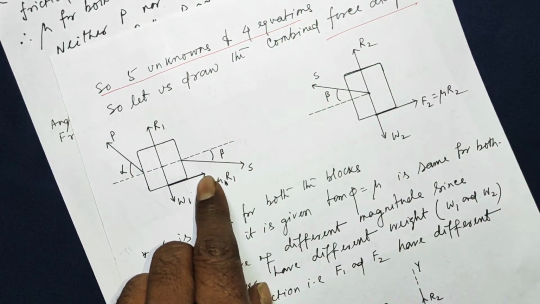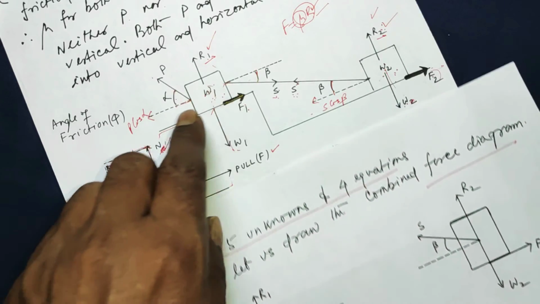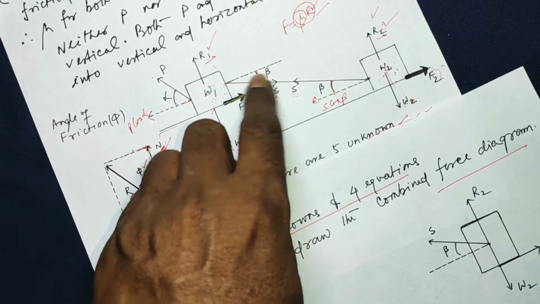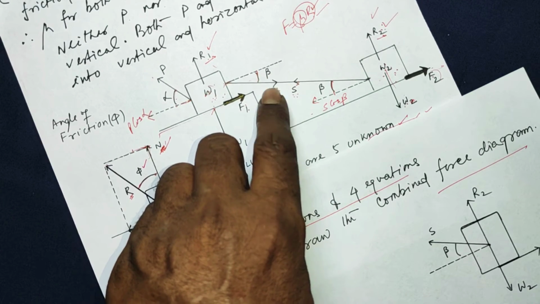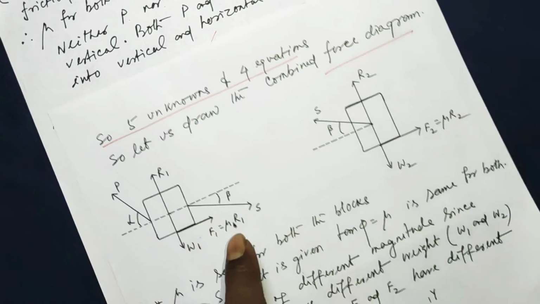That I have shown here. And force of friction is mu times normal reaction. And this string makes angle beta with the horizontal, so the component of S, that also I have shown here.